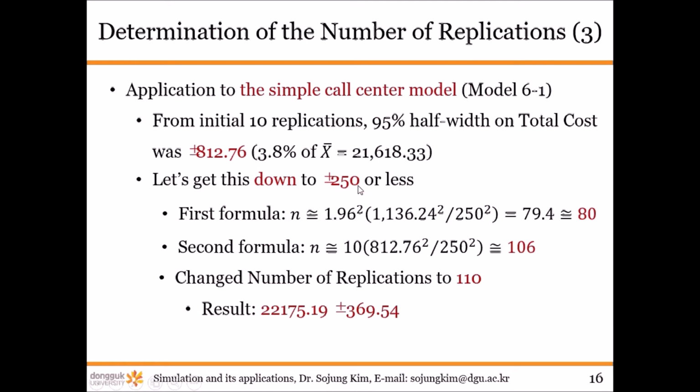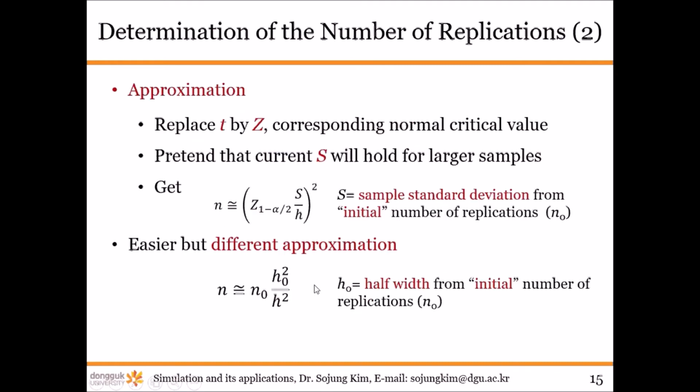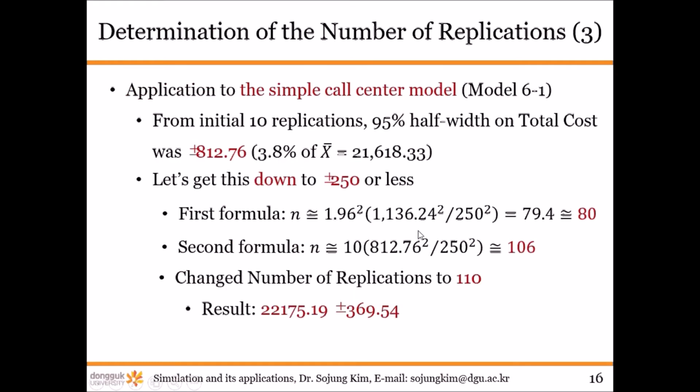In that case, you can use the first formula and the second formula, here and there. According to the first formula, you get 80, and the second formula gives you 106.